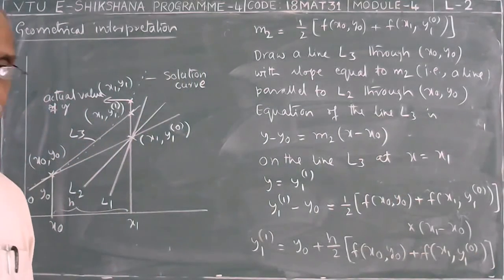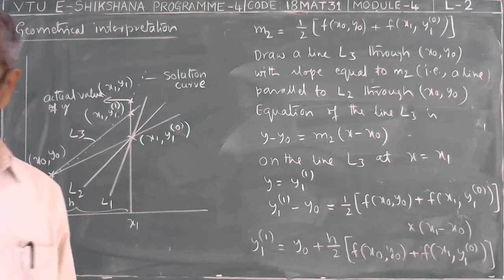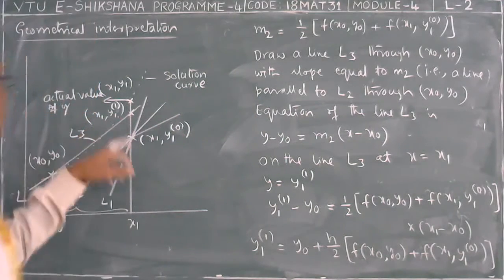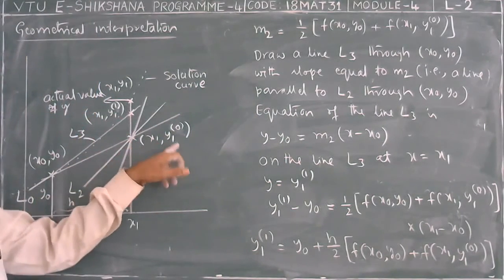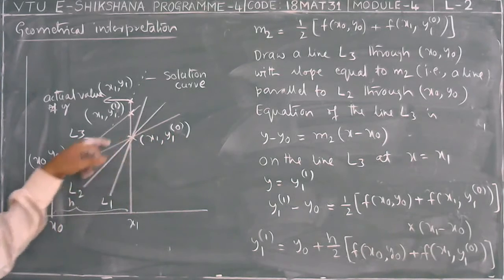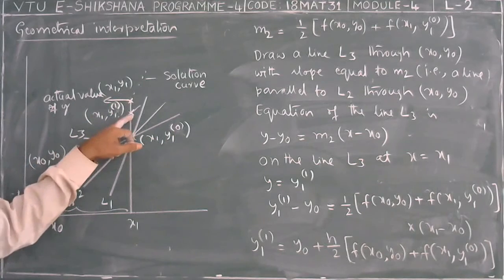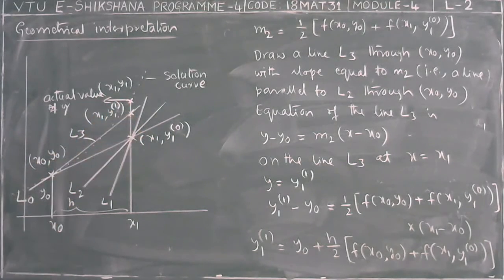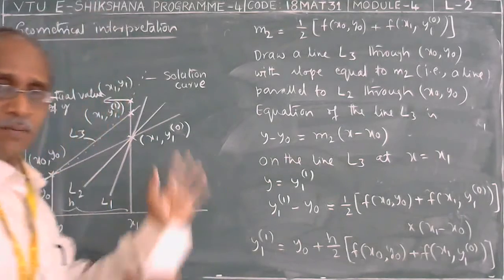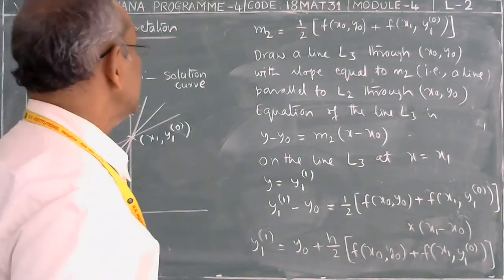Okay, this is a better approximation compared to y1 0. That is the improvement. You can easily see this is very far away from the exact value, and this is a bit closer to the actual value, though it is an approximate value.